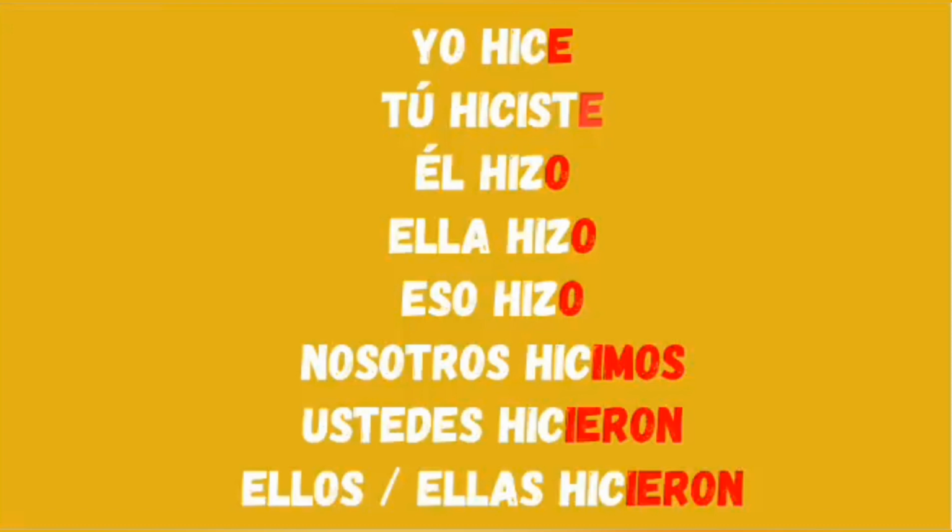To say you made or you did in the plural form, then you have to say ustedes hicieron. And then if you want to say they did or they made, indefinite past, then you have to say ellos hicieron, if you are talking about a group of boys. And if you're talking about a group of girls, then you have to say ellas hicieron.